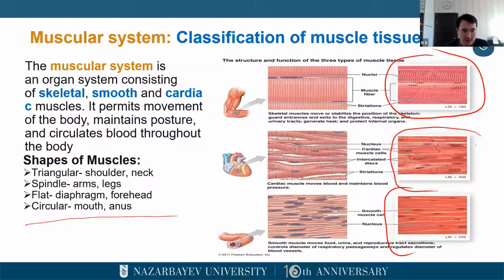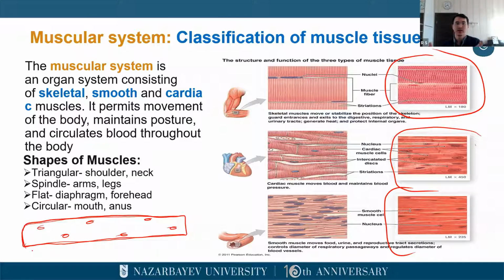They combine their cell membranes, and we have a single huge cell with all these nuclei within the same membrane. This helps them allocate all these fibers to perform the same single function, to contract or to relax.